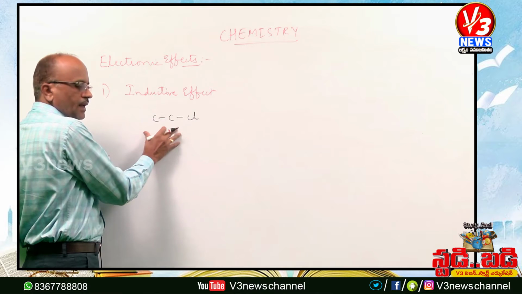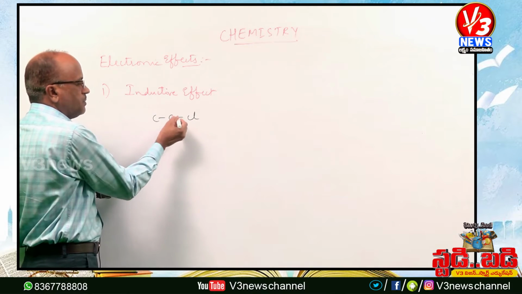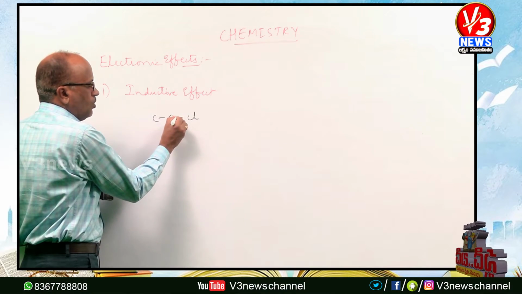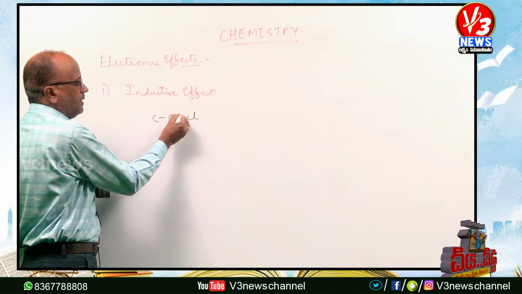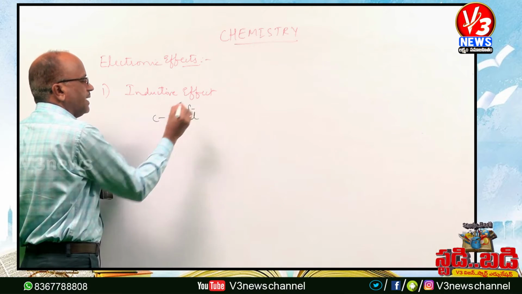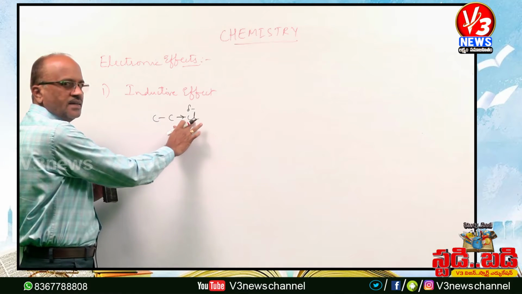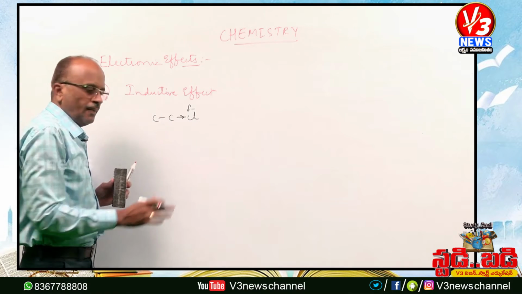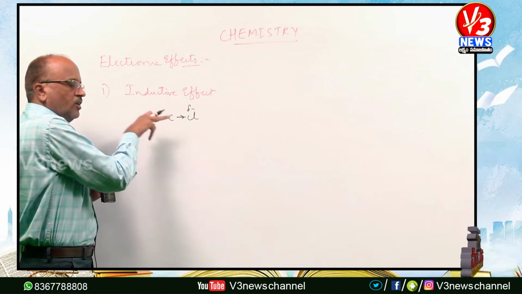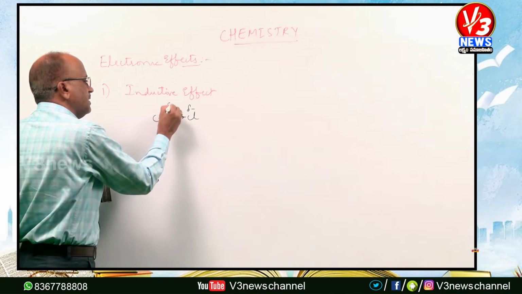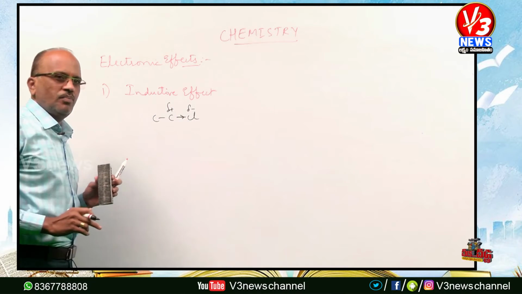For example, let a carbon compound have chlorine present here. Chlorine is more electronegative than carbon, so this electron pair is attracted towards chlorine, and chlorine gets a partial negative charge. Now the electron pair is moving away from this carbon, so this carbon gets a partial positive charge.